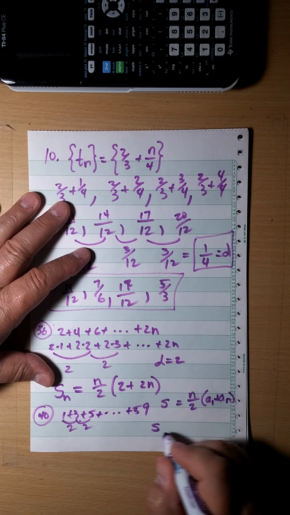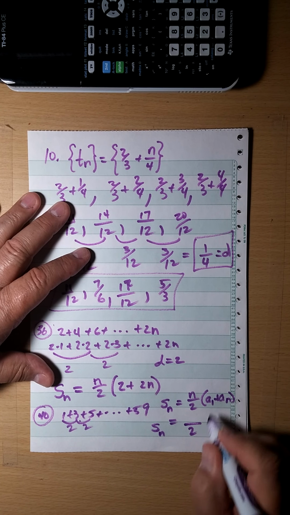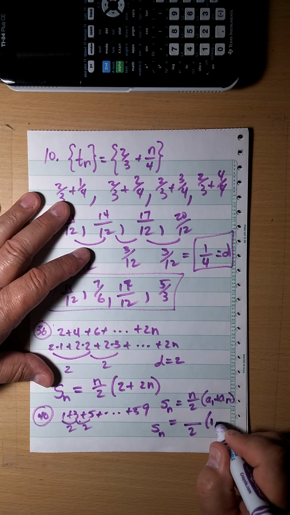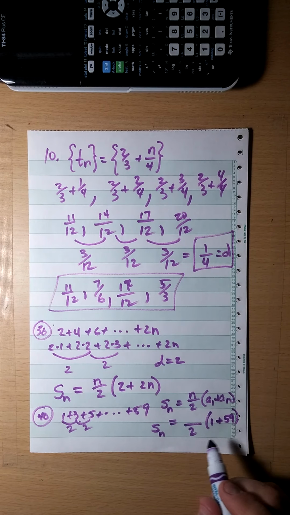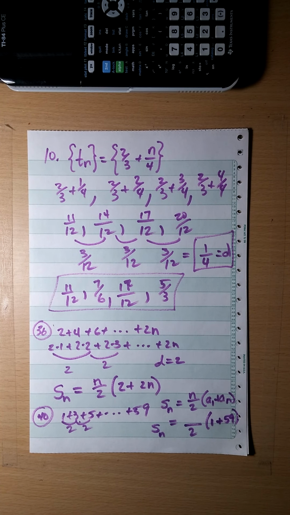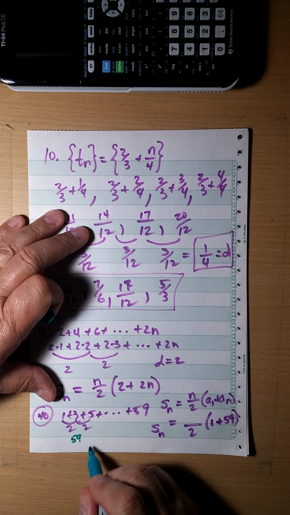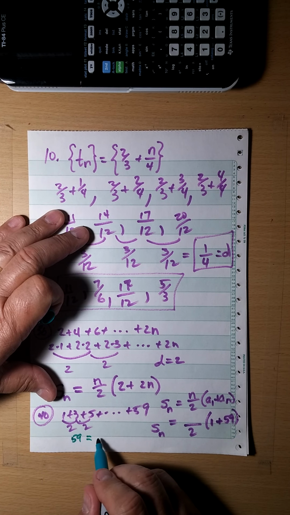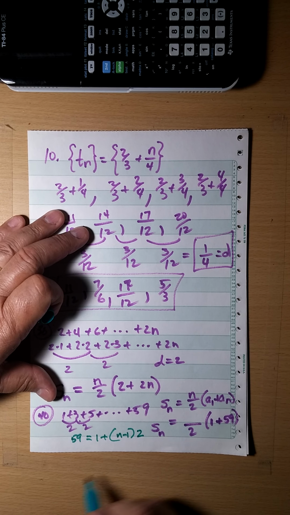Let's see. A sub 1 is 1. A sub n is 59. We just have to find out what n is. Well, if 59 is the last number in the list, then we know that 59 is the nth term. It's the first term plus n minus 1 common differences, which is 2.